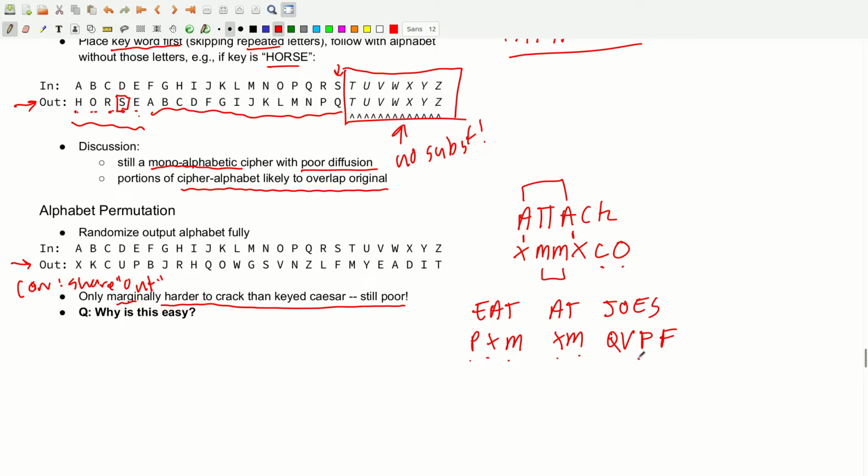So if I assume that this language is English, I'm going to think, well, P, X, and M are going to be very common English letters.